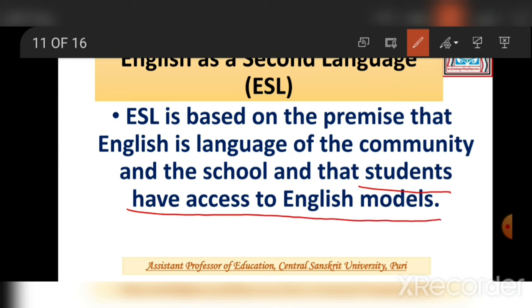English models is a particular term which is directly related to language learning.